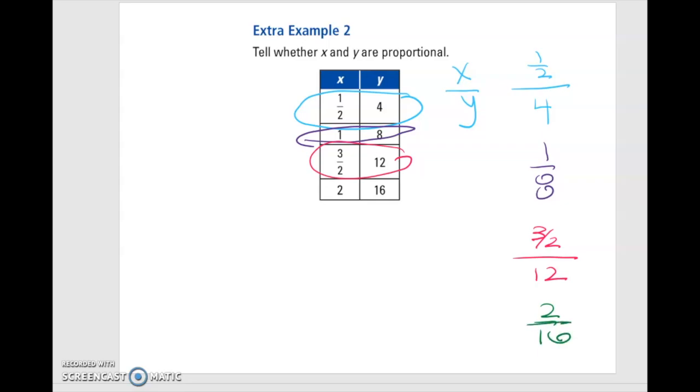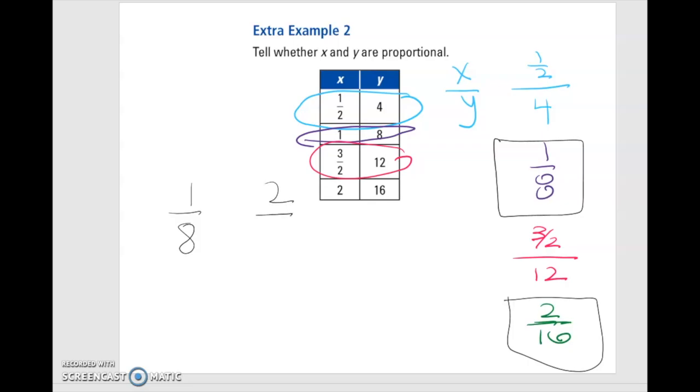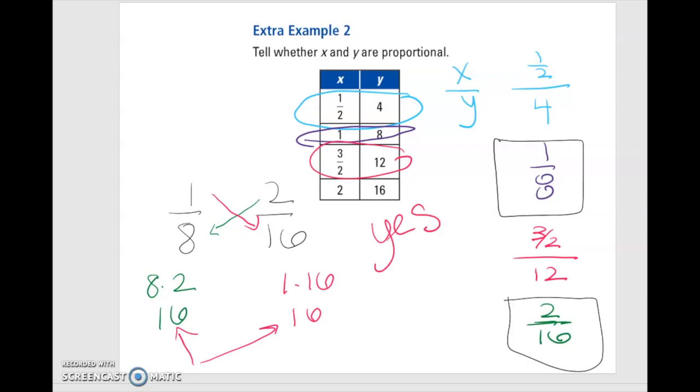Some of those with the fractions are really confusing, so I would want to compare the two that don't have the fractions. Is 1/8 the same as 2/16? I'm going to use the cross product strategy. 8 times 2 is 16. 1 times 16 is 16. Since both cross products are the same, we would say yes, they are proportional.